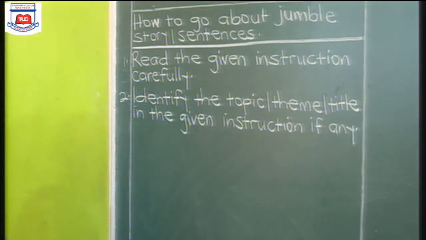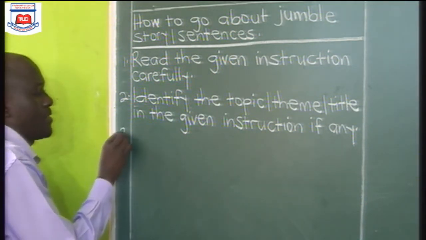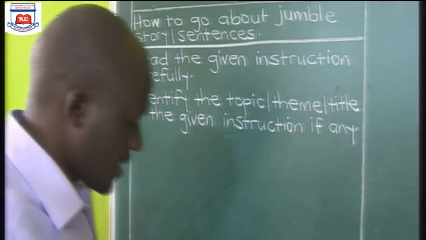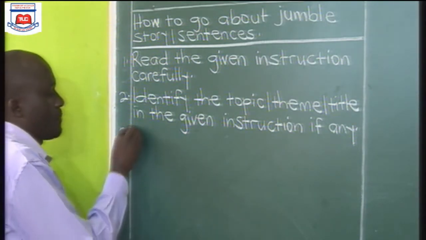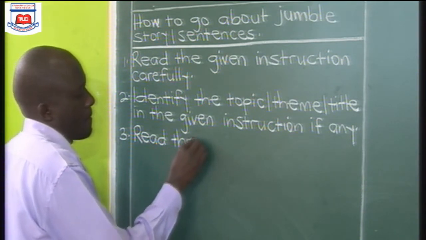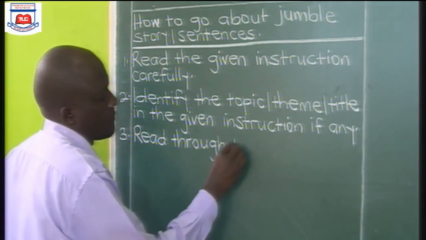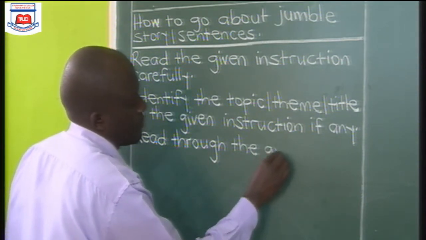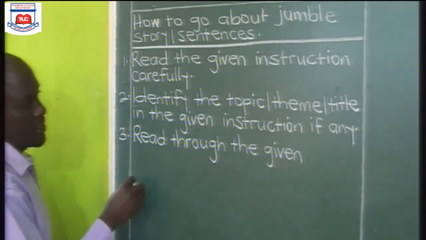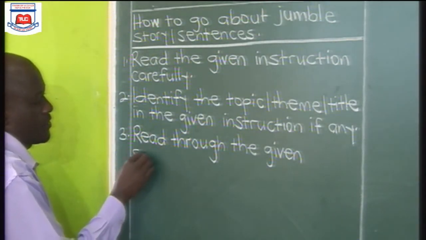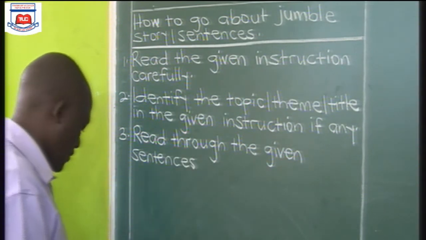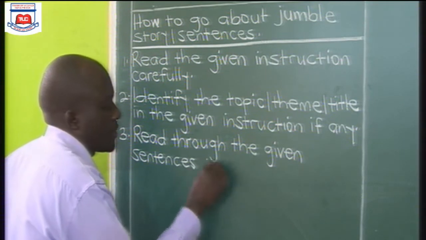That is our topic. Then after you've identified the theme, the topic or the title, next you read through the given sentences in the jumbled order.